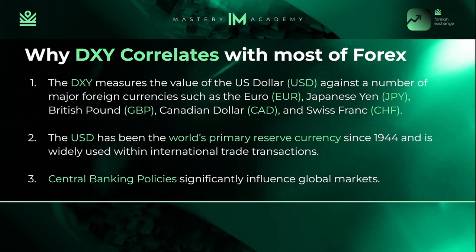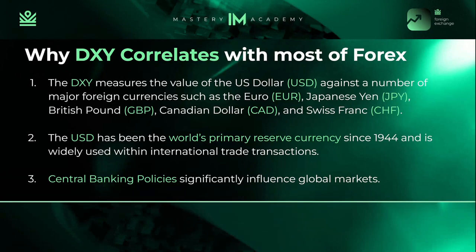The US dollar has also been the world's primary reserve currency since 1944, when the Bretton Woods Agreement was first formed. The Bretton Woods Agreement essentially created a new international monetary system that pegged major world currencies to the US dollar, which at that time was also convertible to gold.